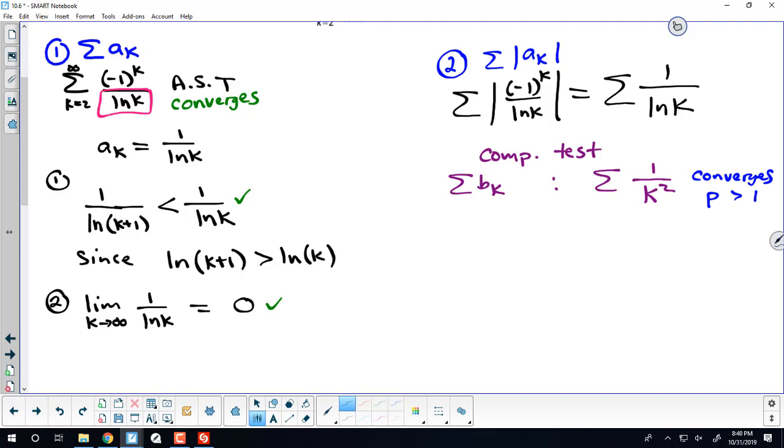However, when we compute the limit, k goes to infinity of the given series divided by the chosen series. Notice that limit then gives us, by growth rates, that limit gives us infinity.